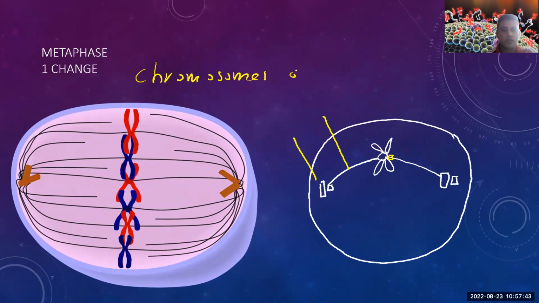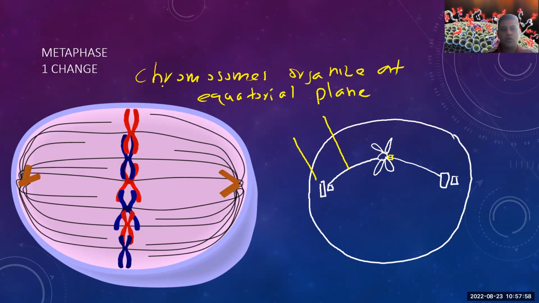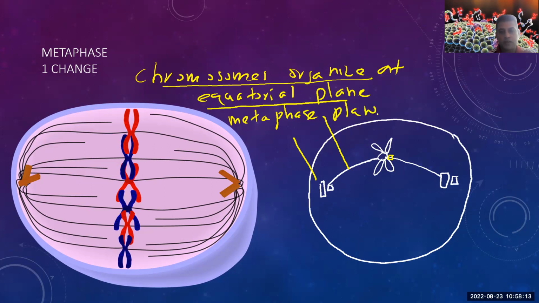Chromosomes organize at the equatorial plane, or metaphase plane.